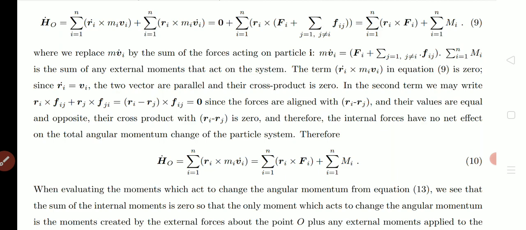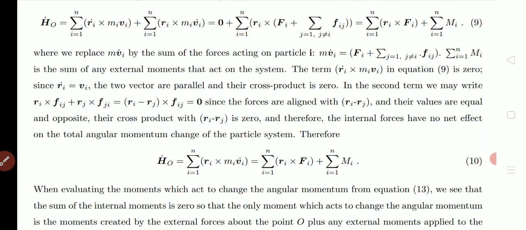In the second term, we may write r_i cross F_ij plus r_j cross F_ji is equal to (r_i minus r_j) cross F_ij is equal to 0. Since the forces are aligned with r_i minus r_j and their values are equal and opposite, their cross product with r_i minus r_j is 0, and therefore the internal forces have no net effect on the total angular momentum change of the system.